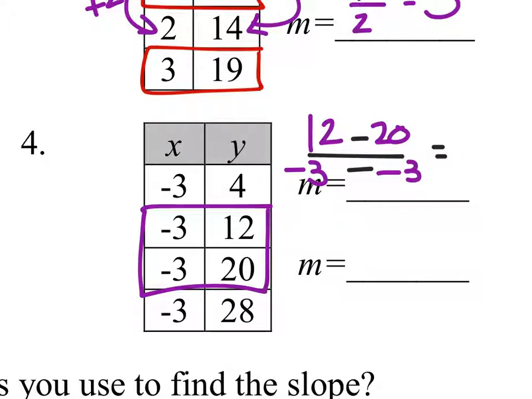So 12 minus 20 is -8. And -3 minus -3 is 0. So what's the slope right here? A 0 with a line through it. That's correct. 0 with the line through it, which means it is undefined.